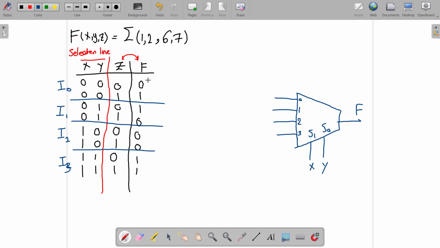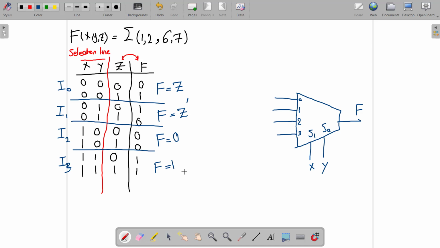Now we compare f with Z. Looking at here, f is equal to Z. And here f is equal to Z prime, because this one is the complement of this one and this one is the complement of this one. In this case f is equal to Z, and here f is equal to 1.